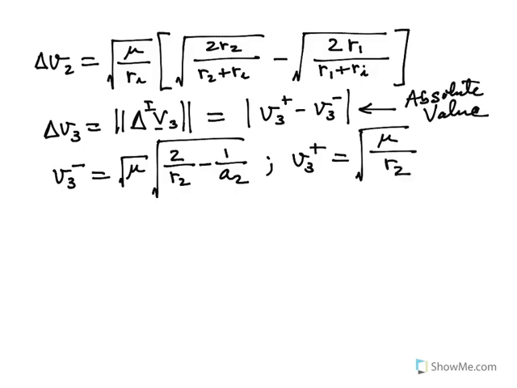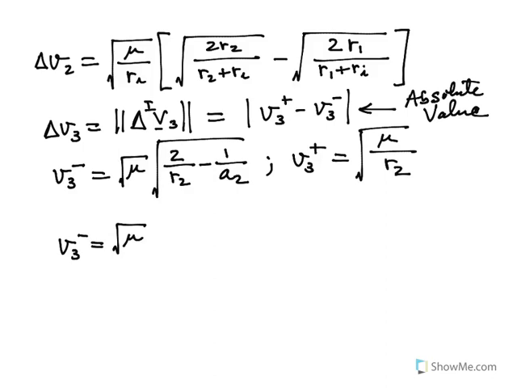But let's manipulate this V3 minus a little bit, and then we'll do a few other things with it to figure out which order we actually need to apply this, whether we need to do V3 plus minus V3 minus or V3 minus minus V3 plus. So V3 minus can be rewritten this way.